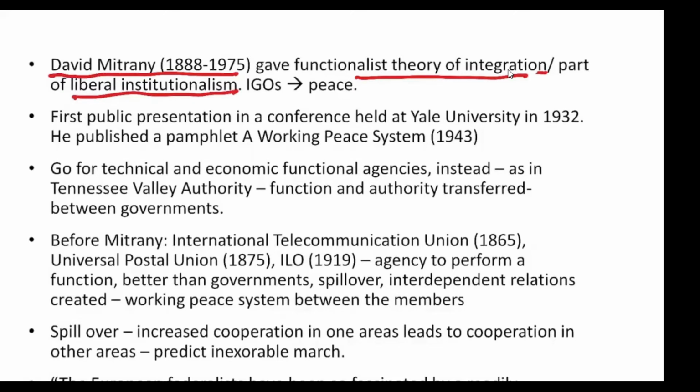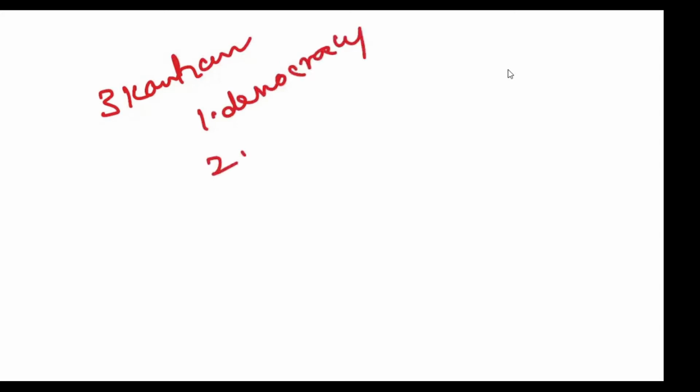Earlier we discussed Kantian variables, three Kantian variables: one, democracy, two, trade, and three, IGOs.